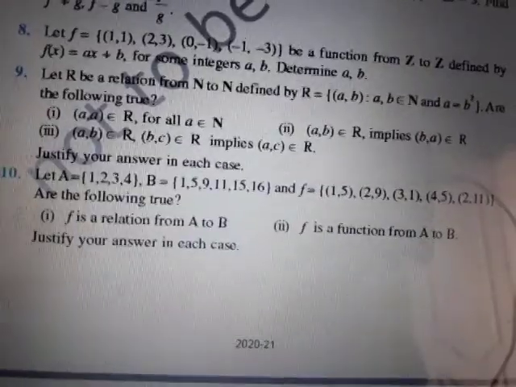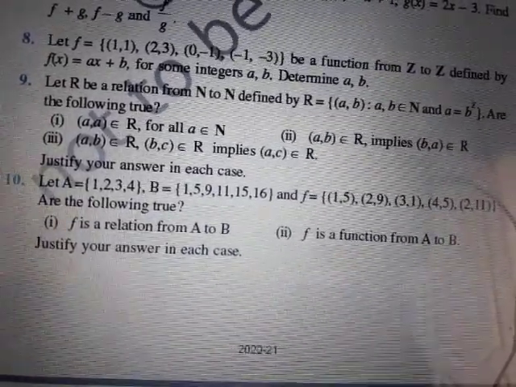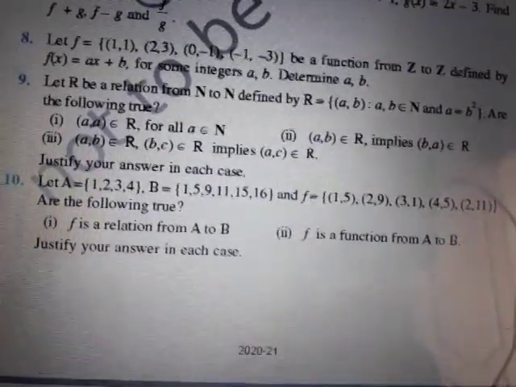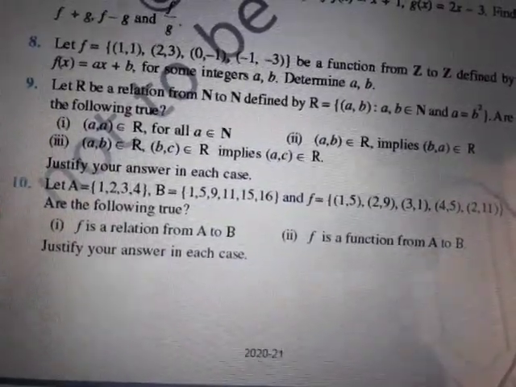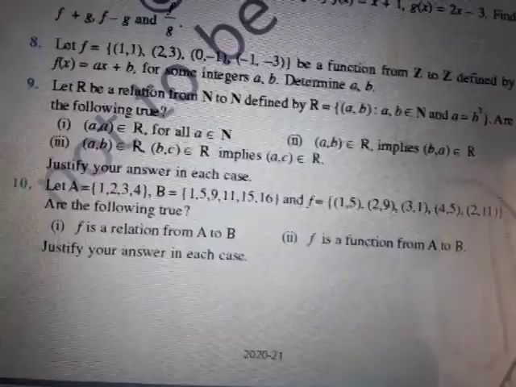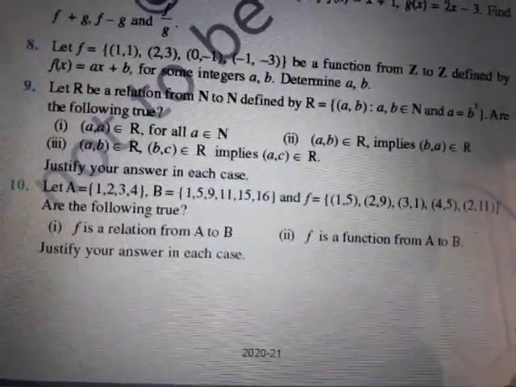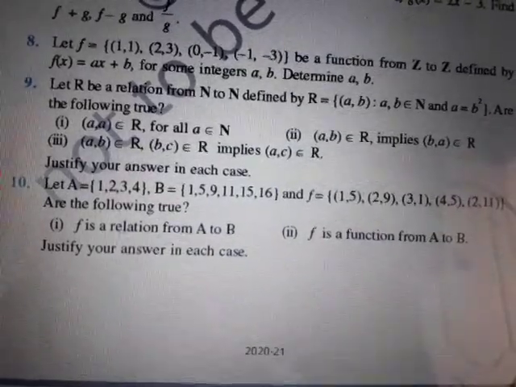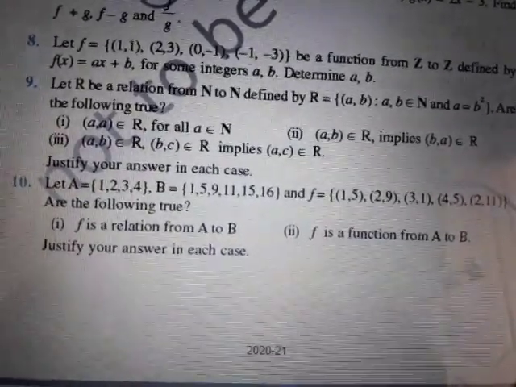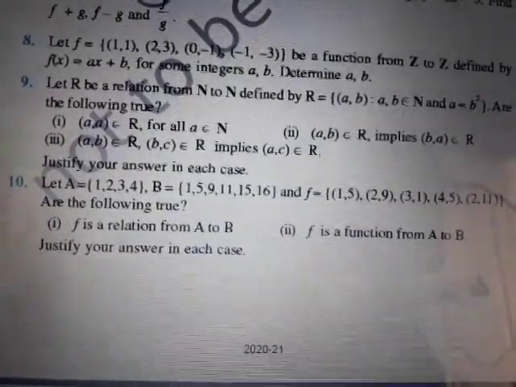Each and every element of the domain should have an image, and that image should be unique. If those conditions are satisfied, that relation is a function. Now let us check these conditions for the given f, so that we can justify our answer.